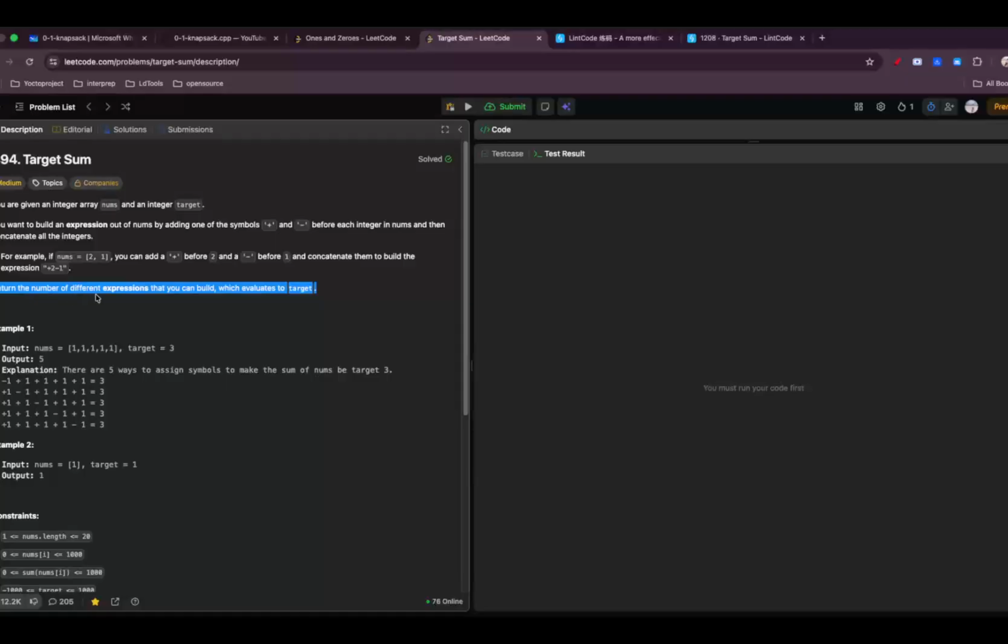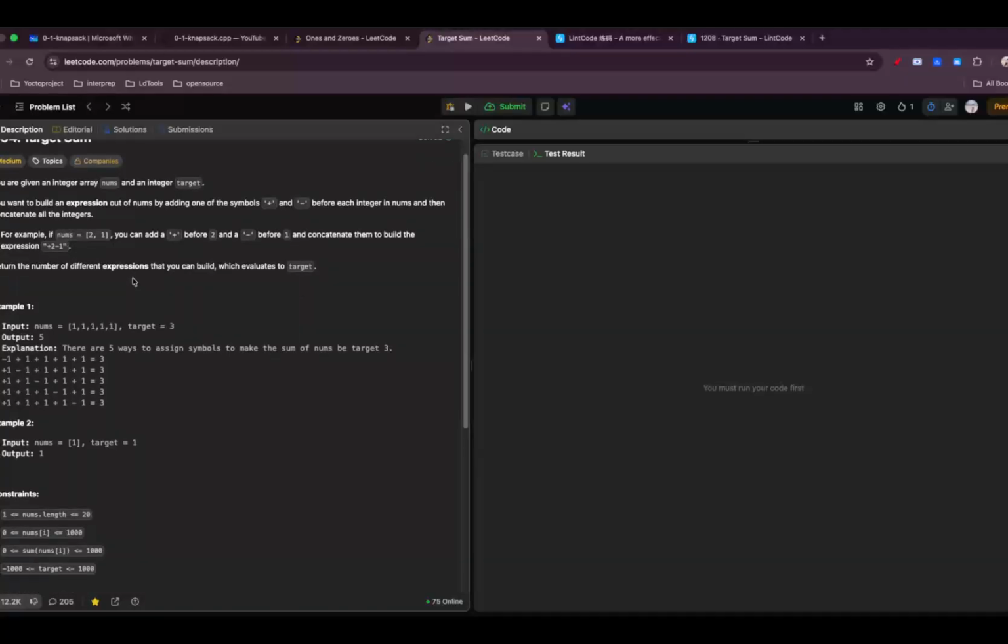Return the number of different expressions that you can build which evaluate to the target. So this is just the example they have given, plus 2 minus 1 will be equal to 1. So if the target is 1, then this is a valid expression, and that means this is one way to attain target 1.